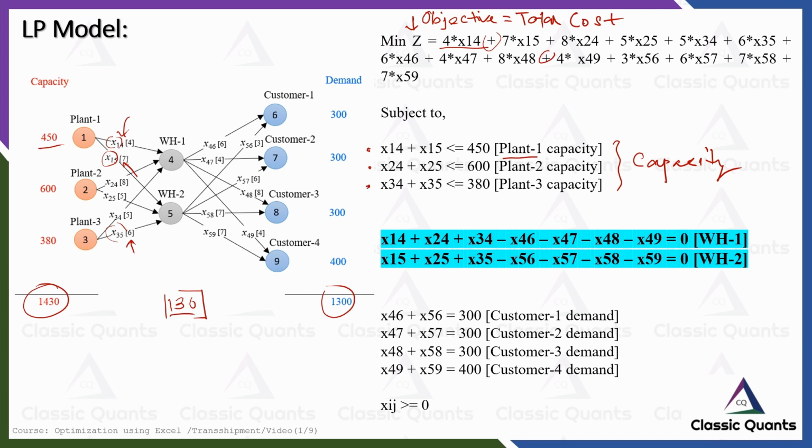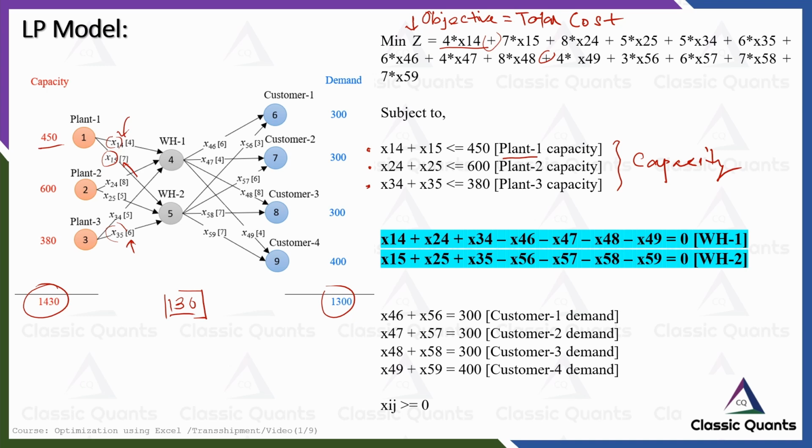So we are not trying to balance it by adding some dummy nodes here. We will solve it as it is, keeping it as unbalanced problem, because we are using software to solve the problem. So when we use Excel to solve this, we will enter this as unbalanced problem and then solve. So we don't have to use a dummy variable here, dummy demand center.